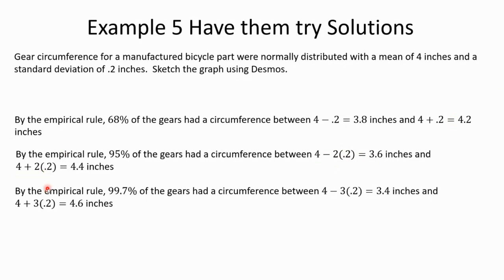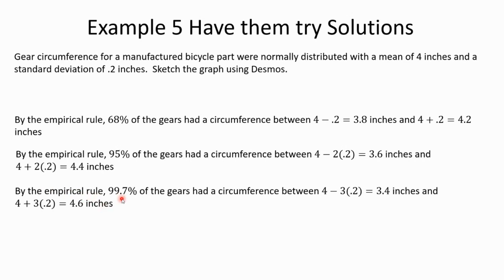We're adding 2 times the standard deviation to the mean and subtracting. So we have 4 minus 2 times 0.2, which is 3.6, and 4 plus 2 times 0.2, which is 4.4 inches. So it's just the empirical rule that we're using.